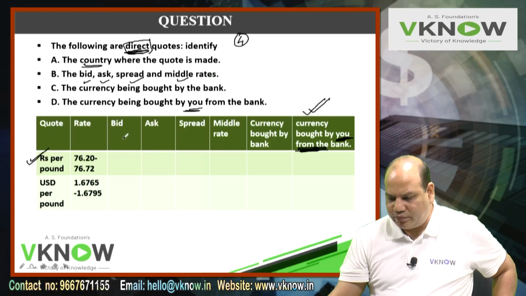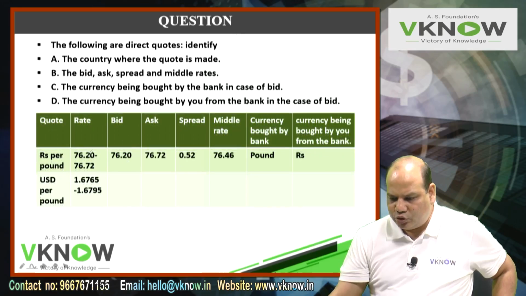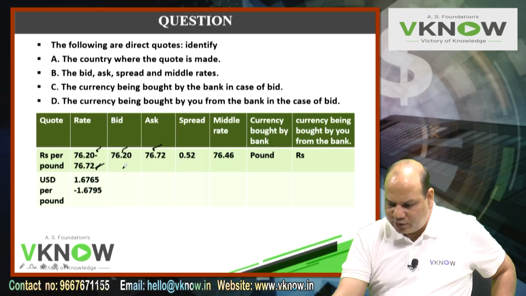Bid rate. Bid rate will be this lower one, 76.2. Ask rate will be the higher one. Selling rate is always higher than the buying rate. It is a direct quote. Spread is the difference between these two, 0.52.